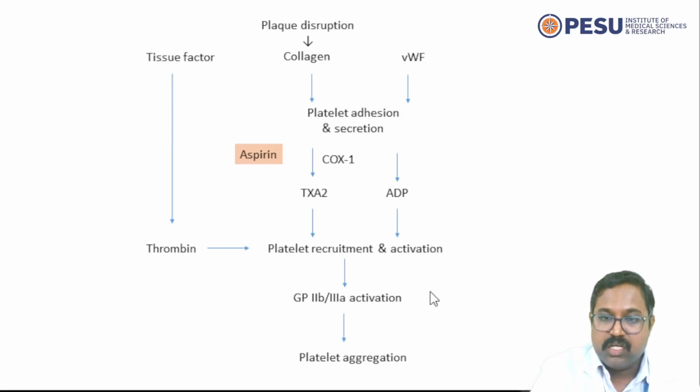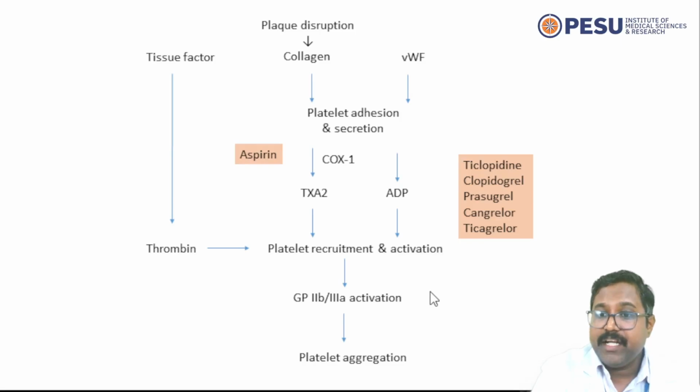So here what you need to remember is, let us understand the sites of antiplatelet drug action. Aspirin will inhibit the COX enzyme, thereby it inhibits the platelet aggregation. How? Aspirin inhibits the thromboxane A2 activity, which is responsible for platelet aggregation. On the other hand, ticlopidine, clopidogrel, prasugrel, cangrelor and ticagrelor will inhibit the ADP activity, or rather the P2Y12 receptors.